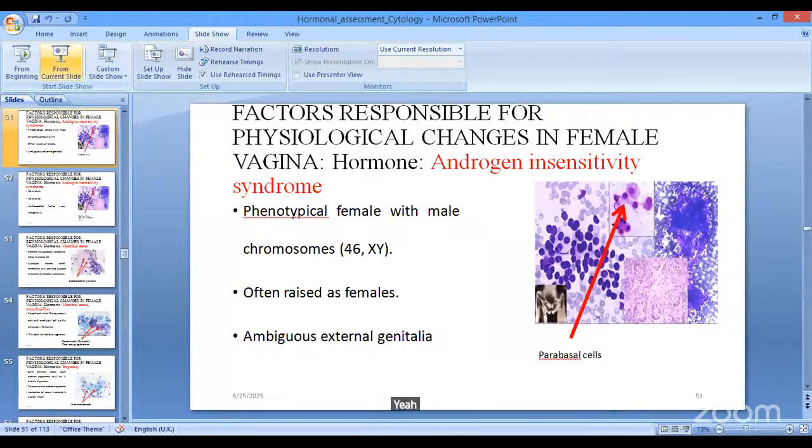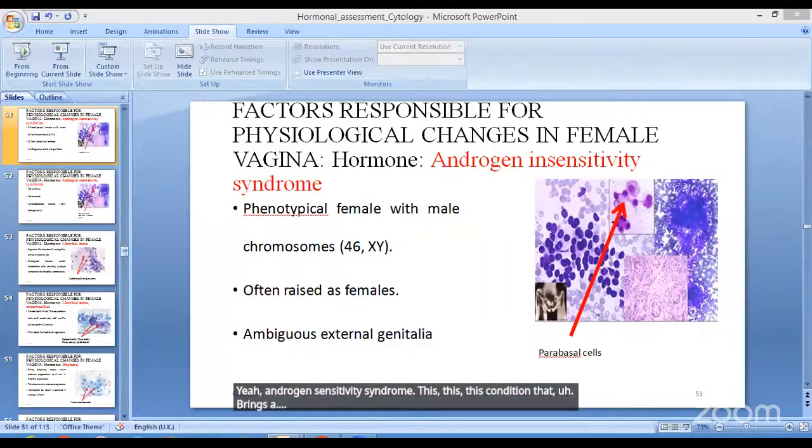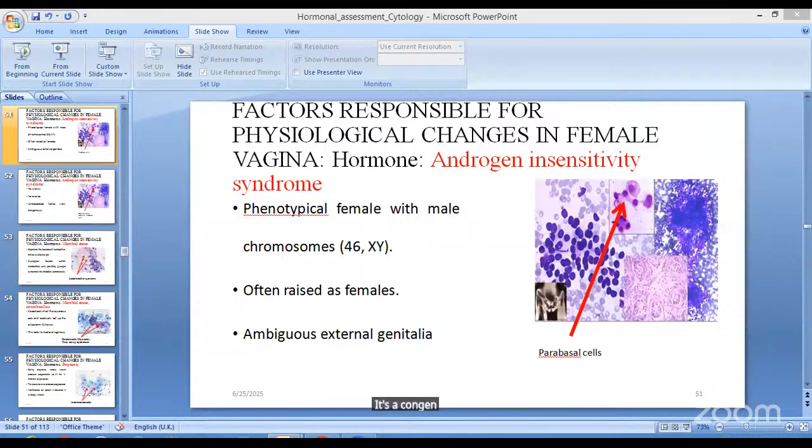Androgen insensitivity syndrome is a congenital condition, and it disrupts everything. There is a grave hormonal imbalance and a confusing presentation by the patient.